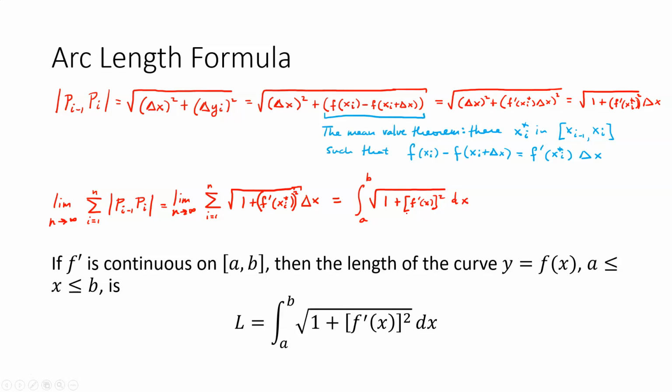And now we have the formula for finding the arc length of the curve on the interval a to b, which says if f prime is continuous on the interval a to b, then the length of the curve y equals f of x for x between a and b is L equal to the integral from a to b of the square root of 1 plus f prime of x squared dx.